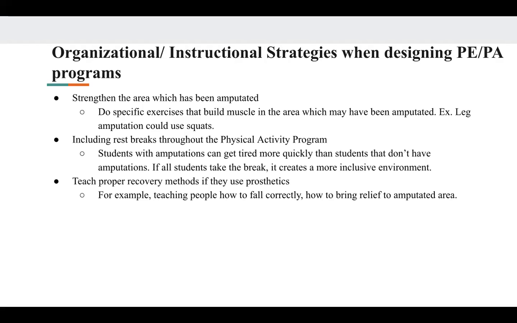And then teaching proper methods to recover from certain situations. Like if they use prosthetics, say if somebody lost both of their legs and they do get both prosthetic legs, teaching them proper methods of learning how to fall so they don't take such big pains or have worse accidents from falling over, and just learning how to get back up in a healthy way.